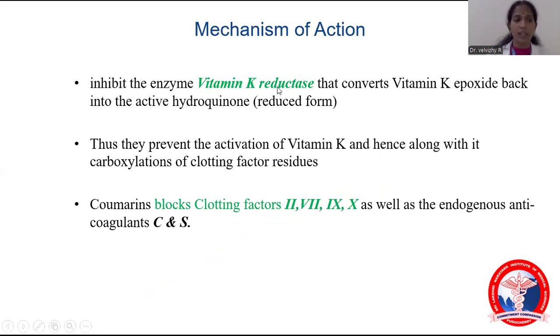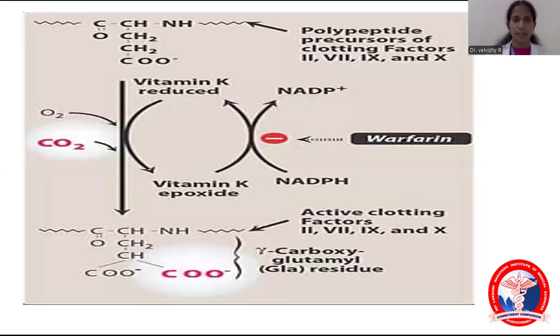As I told, vitamin K reductase is the enzyme which converts vitamin K from the epoxide form to the reduced form. The reduced form is required for the activation or carboxylation of factors 2, 7, 9, 10. So warfarin inhibits this enzyme, vitamin K reductase. What will happen? Vitamin K will not be converted into the reduced form. If it is not available in the reduced form, then it will not be available for the carboxylation or activation of these factors. So it blocks clotting factors 2, 7, 9, 10.